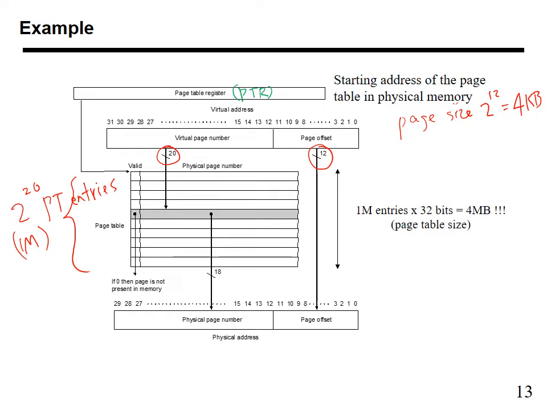On the left-hand side, the virtual page number is 20 bits, which means that you need 2^20 page table entries, or 1 million entries in the page table. Considering the page table size, let us say each entry is 4 bytes, and altogether the page table size is over 4 megabytes, because there are 1 million entries, and each entry is 4 bytes.